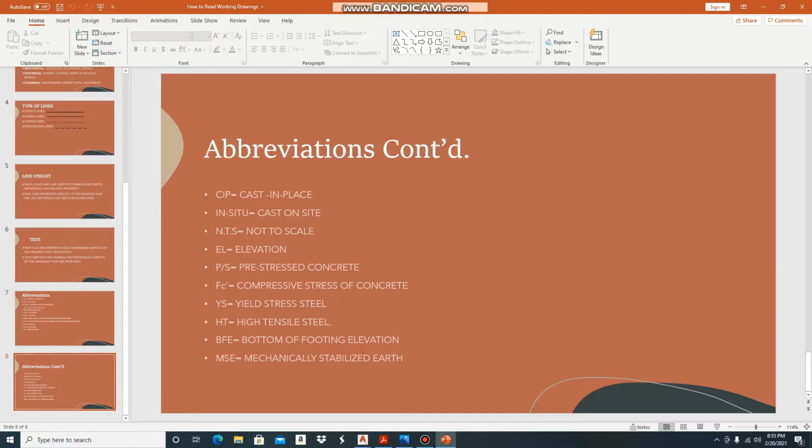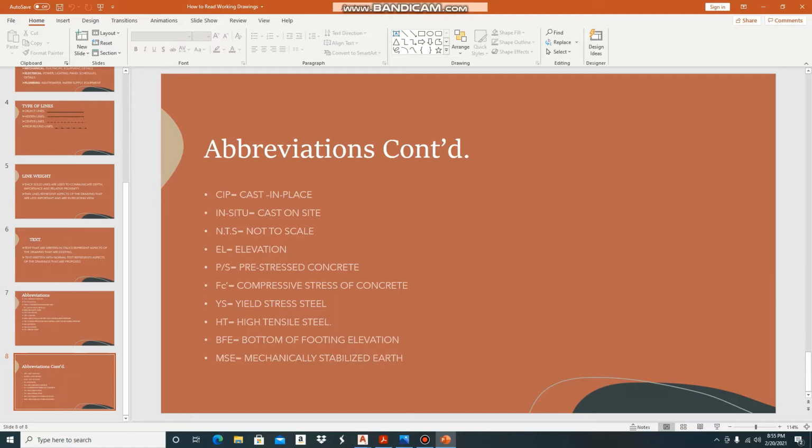In other words, when you're looking at a set of building plans or bridge plans, you will more see cast in place. That is under the American system. Now, in our system, the Jamaican system, we are under the British system, and you will more see in situ, which means cast on site. These two terms are just in relation to the pouring of your concrete on site, okay?